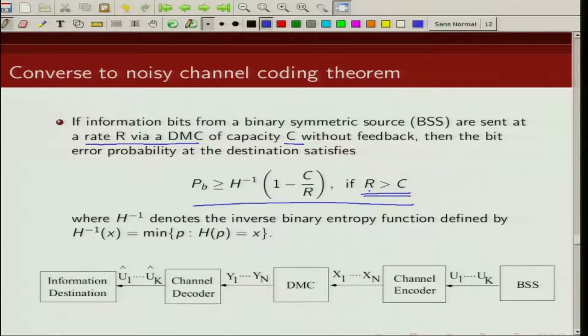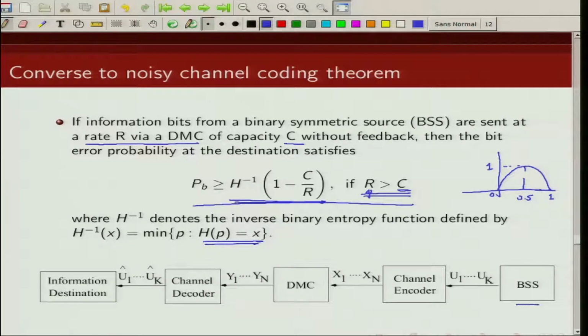So if the transmission rate is above channel capacity, then probability of error is lower bounded by a quantity which is non-zero. And this H of p is nothing but our binary entropy function. If you recall, a binary entropy function looks like this: 0 to 1 at 0.5, this is 1. Okay. So to prove this result, let us look at the block diagram.